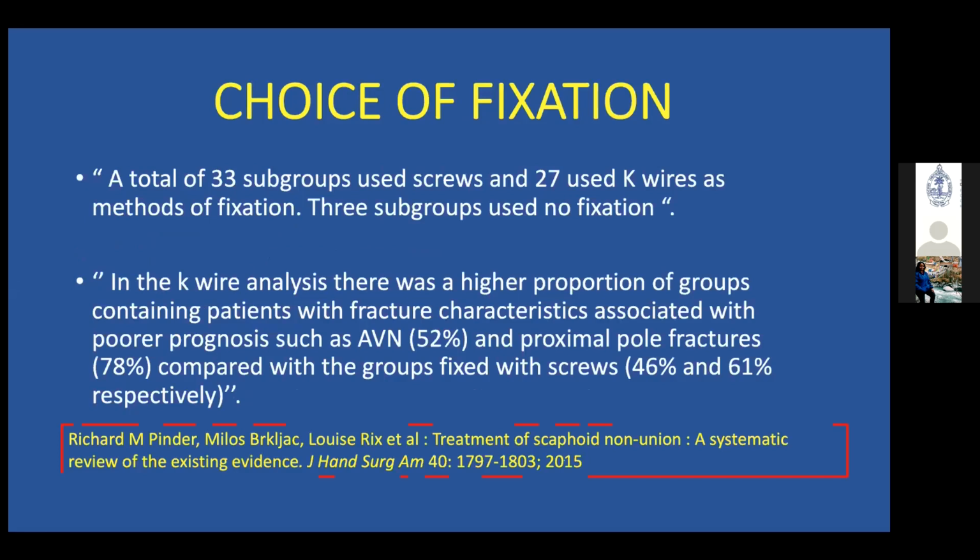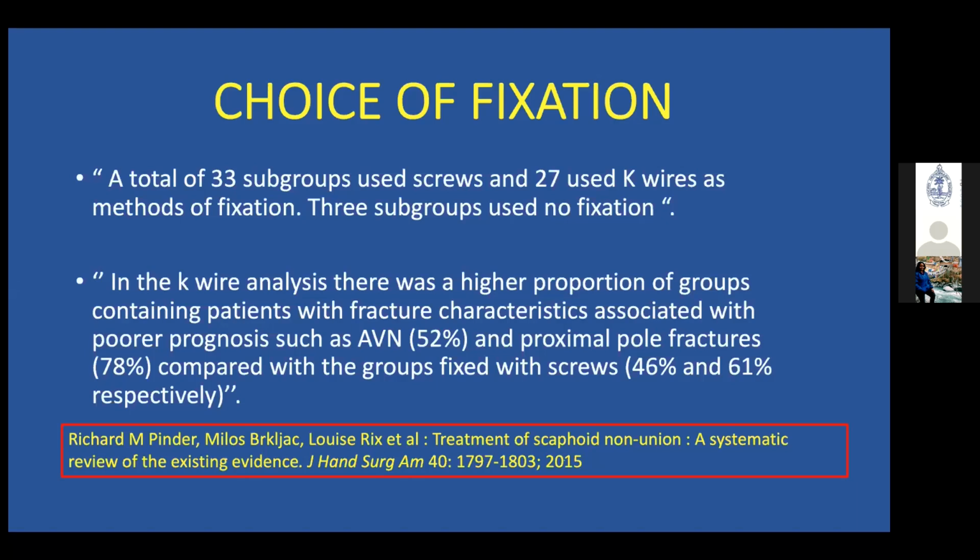So there are studies which compare the success rate with a compression screw and K-wires, and this was a systematic review. They found that in the K-wire analysis, there was a higher proportion of groups containing patients with fracture characteristics associated with poorer prognosis, such as avascular necrosis and proximal pole fractures, compared with the groups fixed with the screw.